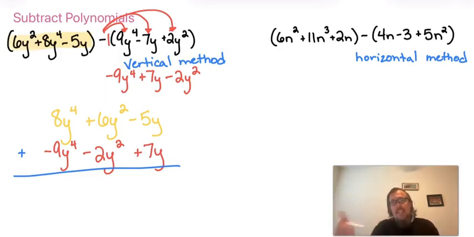After you distribute the negative sign, we just combine like terms, and combining like terms is addition. So after I distribute the negative, it's exactly like adding polynomials. Distributing the negative is the only new tricky part. If you make sure you distribute the negative to everything in the parentheses after the negative sign, you're good to go. It's just like adding polynomials.